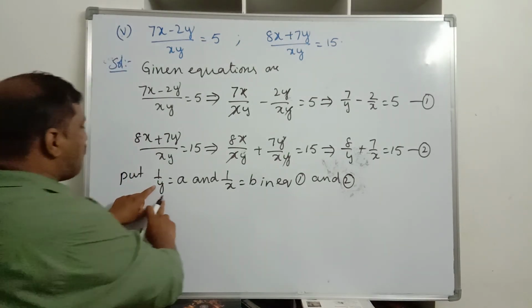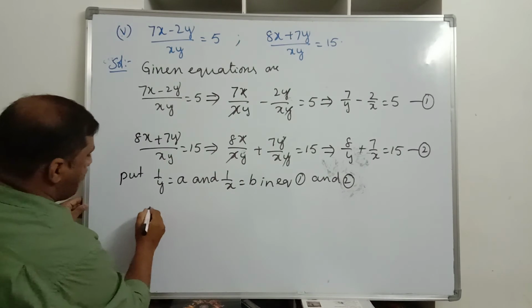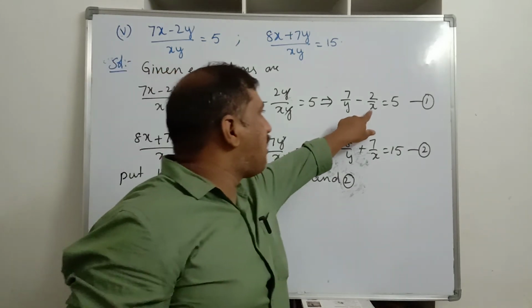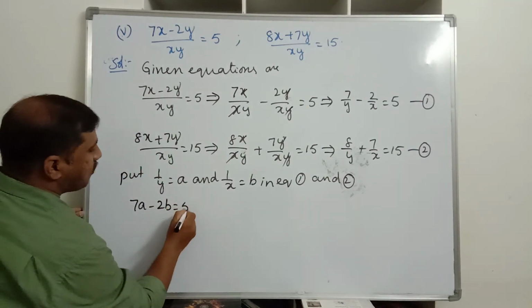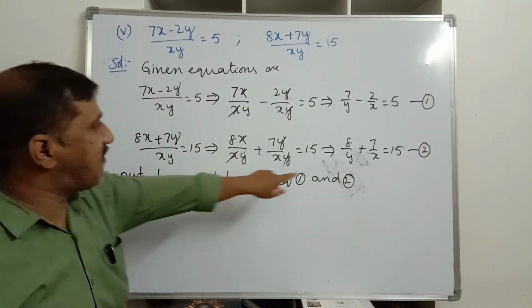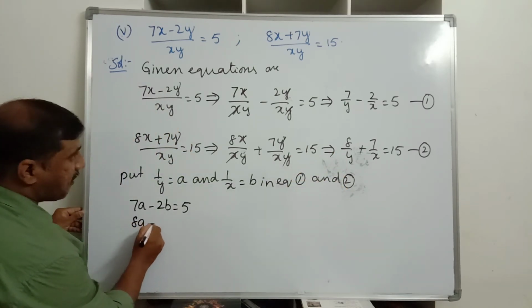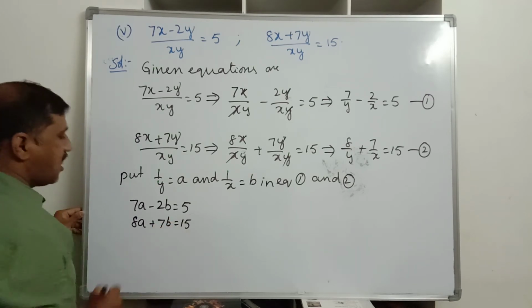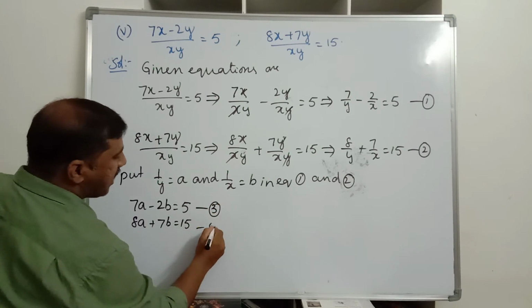When we put 1 by y is equal to a, then equation 1 will become 7a minus, 1 by x is equal to b, so it will become 2b. That is 7a minus 2b is equal to 5. The second equation will become 8 by y, that is 8a, plus 7b is equal to 15. Now we got two more equations, that is equation 3 and equation 4.